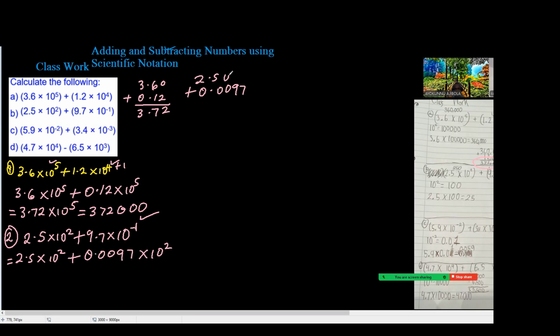Then I supply zeros at the empty spaces. So this is 7, this is 9, 0, 5.2. So this is going to be 2.5097 times 10 raised to the power 2.